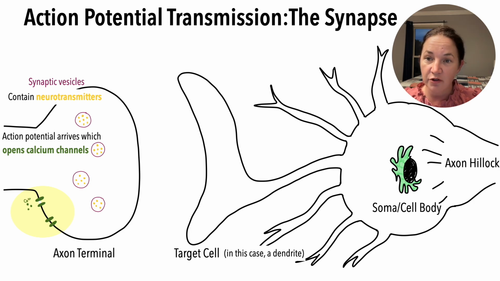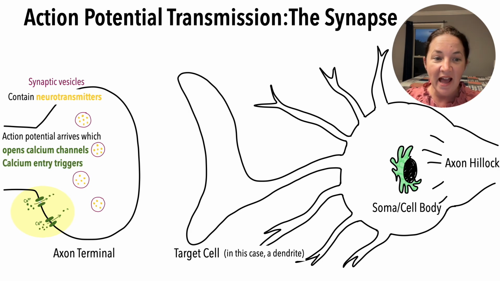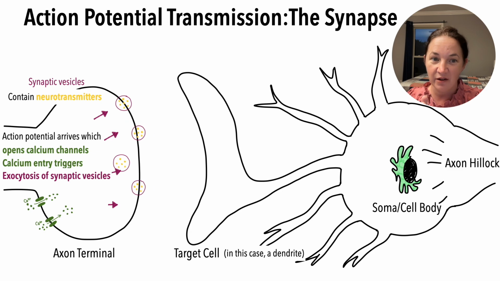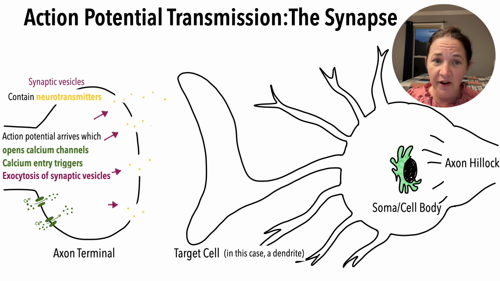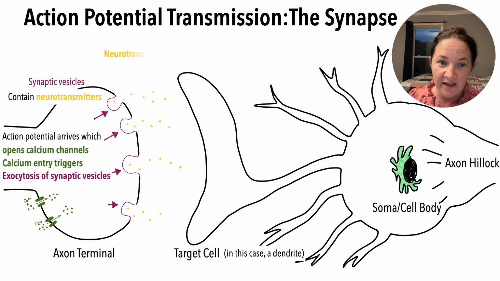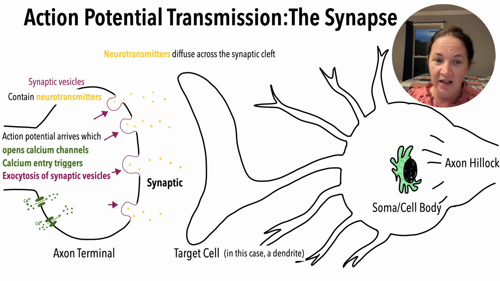Calcium is more concentrated outside of the cell, so calcium is going to be allowed to rush in, and when it enters, it will trigger those synaptic vesicles to be exocytosed from the axon terminal. So they're going to release their neurotransmitters across this gap called the synaptic cleft.